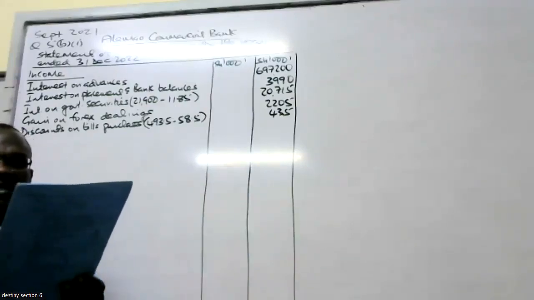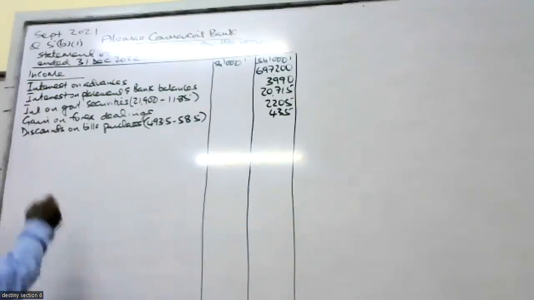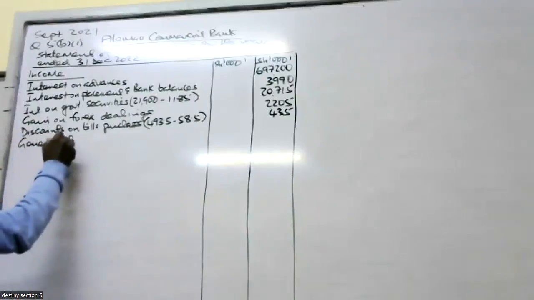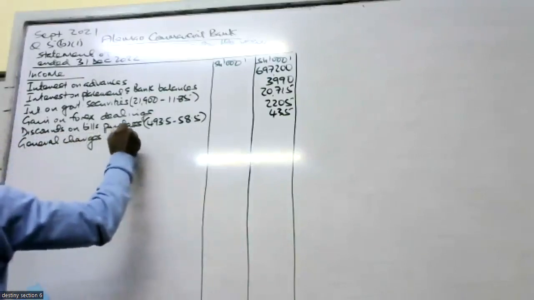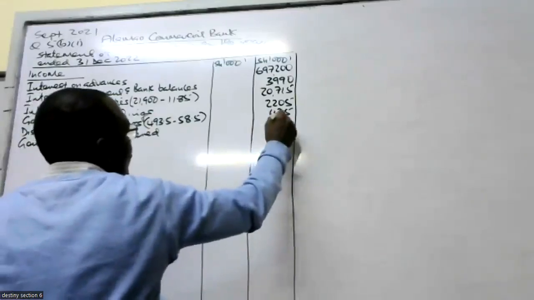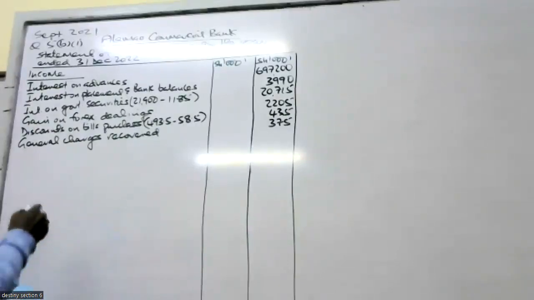Provision for taxation, there is general charges recovered of 375. We'll have general charges recovered. General charges recovered of 375. Commission on exchange and brokerage is also an income.